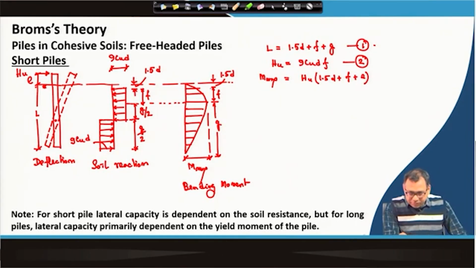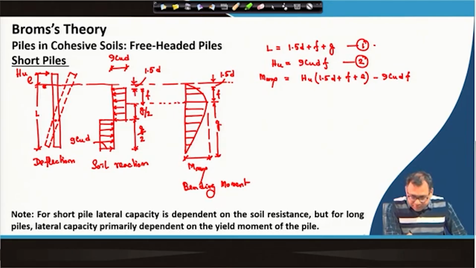Because this is HU, F plus 1.5 D plus E, that is acting, and then in the upper portion there will be soil reaction. So, minus the soil reaction area, 9 CuD F, and I am taking moment from this F point, because that is where the moment is maximum and I am determining the maximum moment.